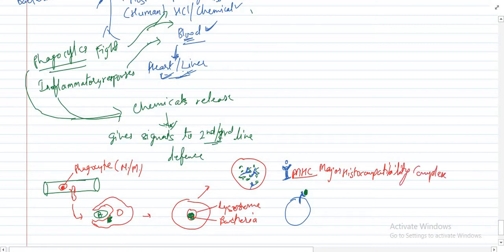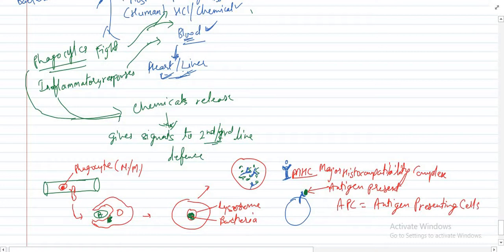This is the major histocompatibility complex, and they present parts of this bacteria, or we can say antigens. Therefore we generally call them APC, or antigen presenting cells, those cells which can present the antigen.